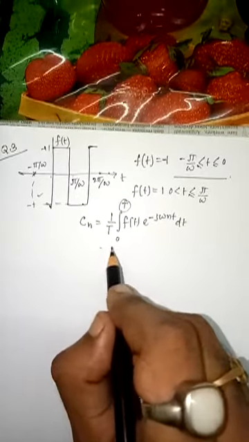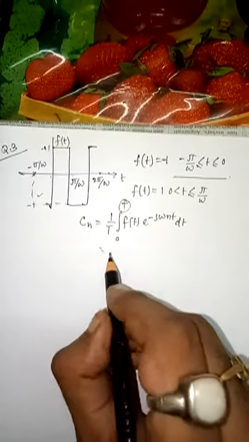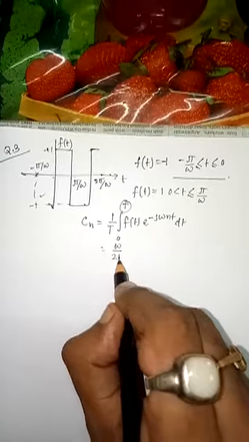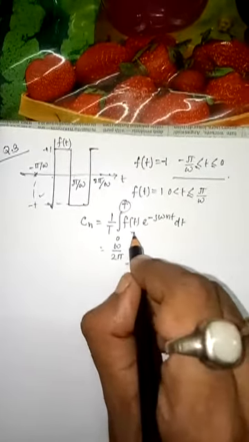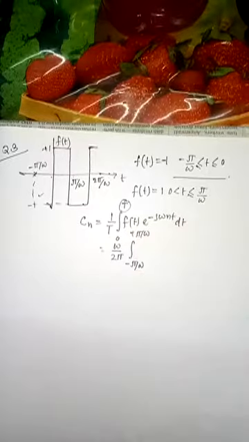So 1 by 2 pi by omega, so it is omega by 2 pi, right? So it is omega by 2 pi integration of minus pi by omega to plus pi by omega.